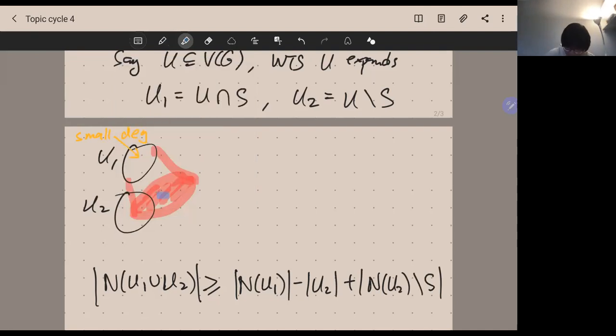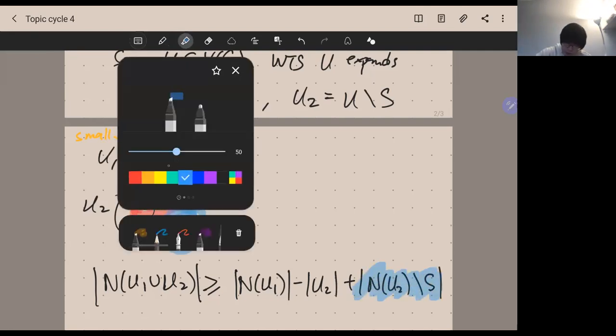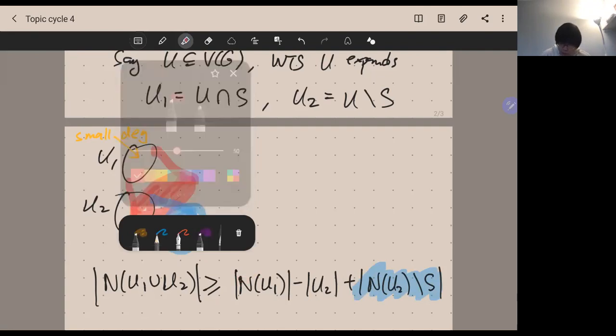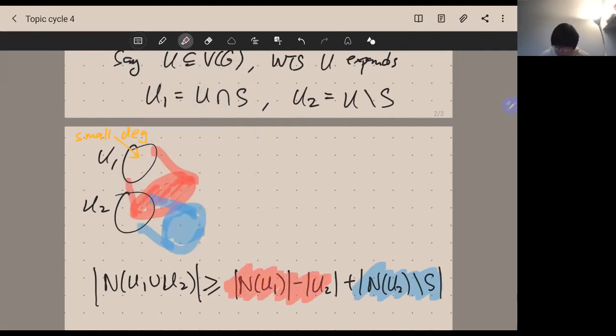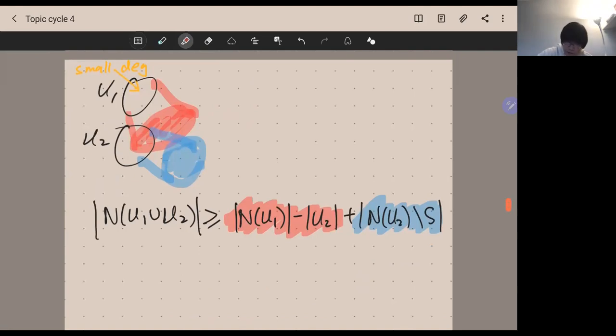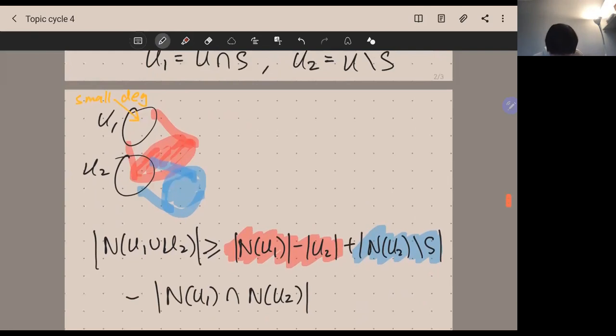So here we have also this neighborhood. So this is the blue and red. Then we have to kick out their intersection, inclusion and exclusion, right? Minus, which is, oh, I didn't draw the intersection here.